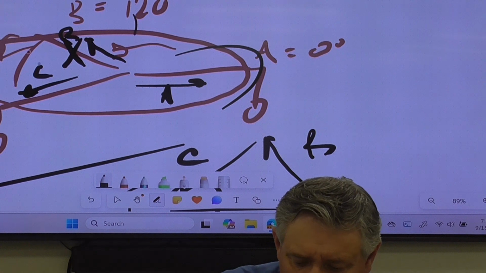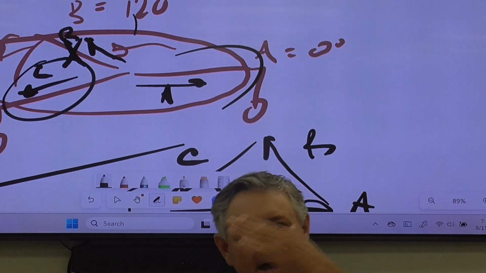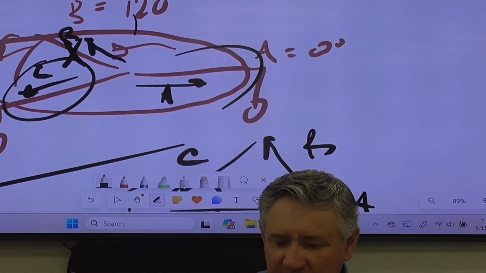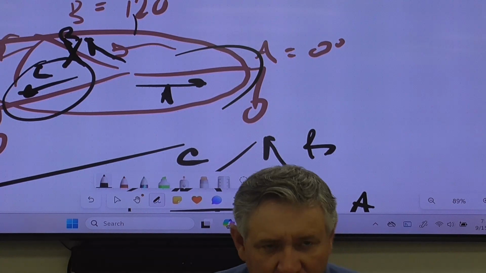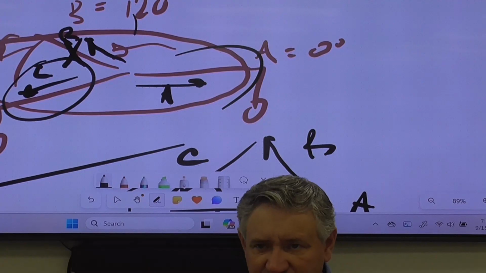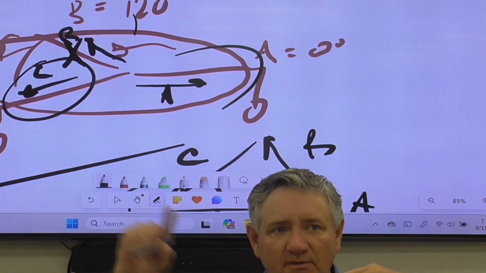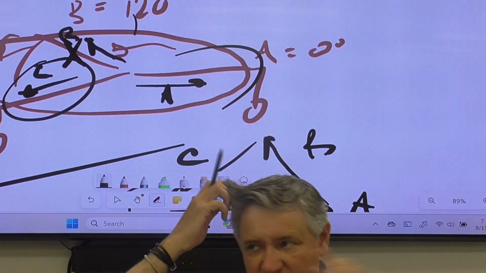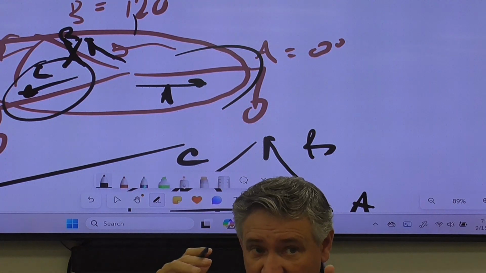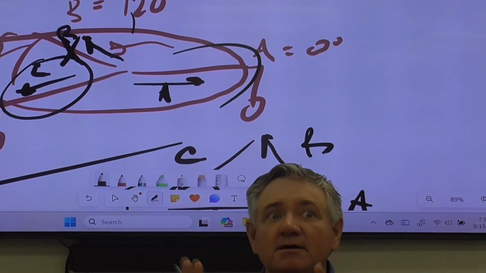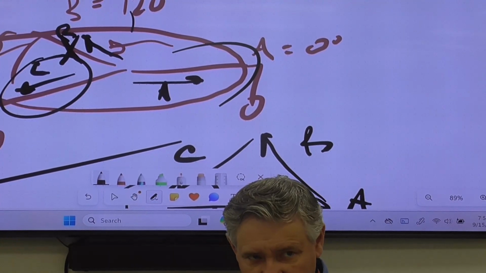This is a three-way tug of war. A is balancing out the resultant of B and C. C is balancing out the resultant of the other two. So each vector is balancing out the resultant of the other two. Everybody is working on their own to balance out the effect of the other two.